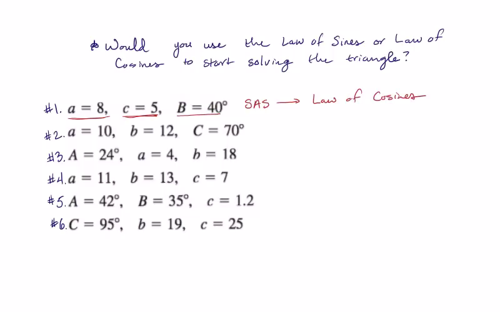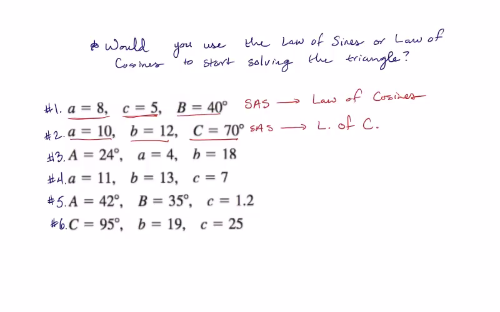Okay, so pretty straightforward, and it's just good practice so we know what we've got. Next, we've got side a, we've got side b. I don't have side c, which would be across from angle C, so I've got the same scenario, side-angle-side. So I'd use the law of cosines again. Look at me, I'm getting lazy, just abbreviating.